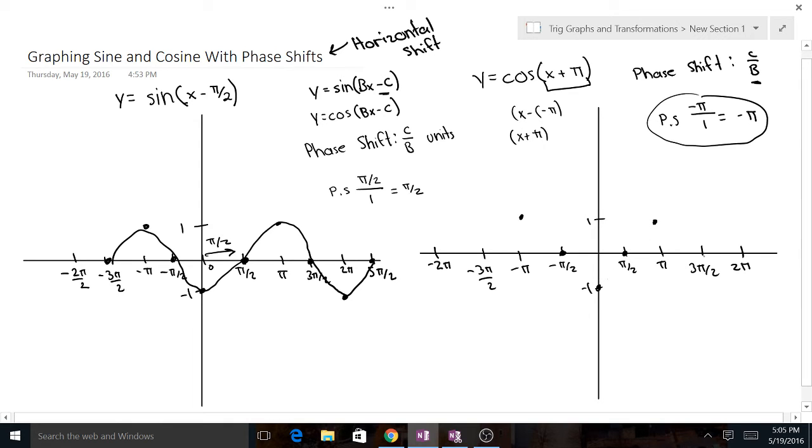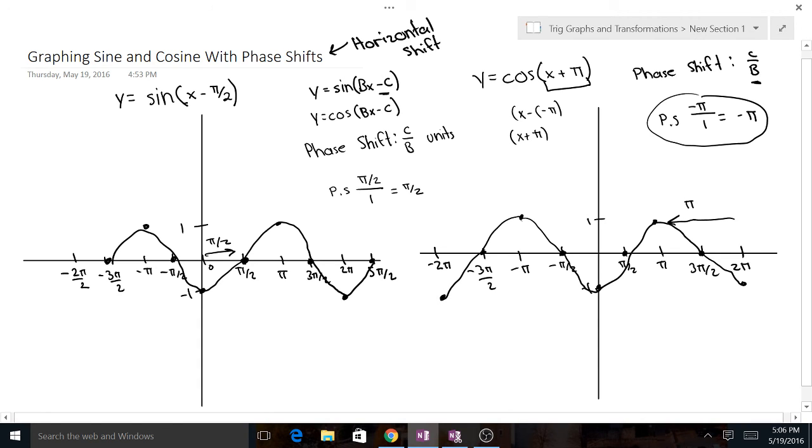So we go up, and then we go back down. And then we can start filling stuff in. May as well finish that. And you see that our period, instead of ending at 2 pi, ended at pi. And that again follows the fact that we moved over pi units to the left. So then we can keep going. We're going to go down here, we're going to hit that, then we're going to hit that.